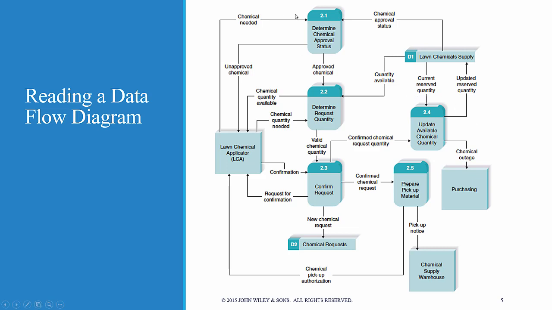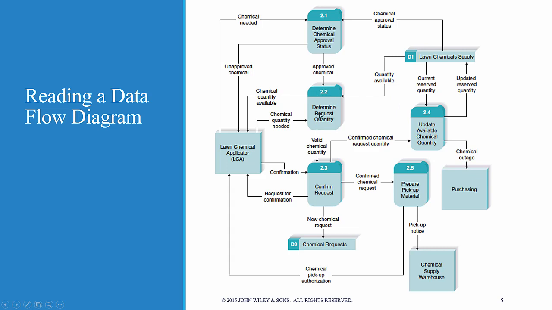You can tell by the numbers, 2.1, 2.2, 2.3, and so forth. And it illustrates all of the 4 main parts or symbols that are used in a data flow diagram. Now, again, this is why they're so popular. They're easy to build. 4 symbols. That's all you have to be able to master.